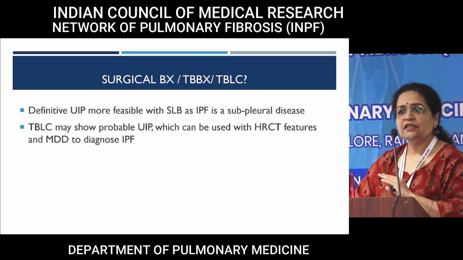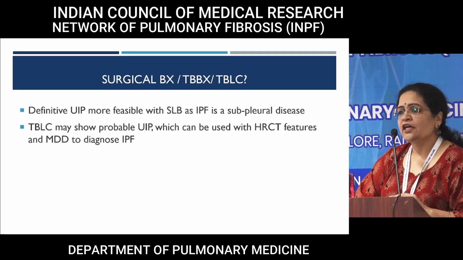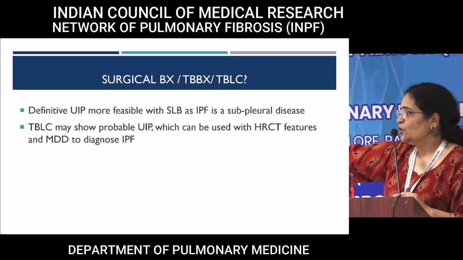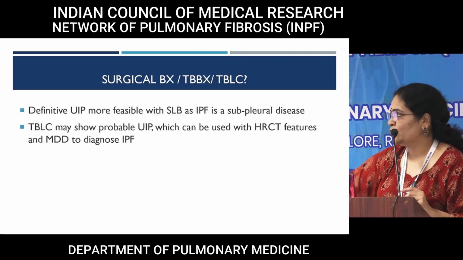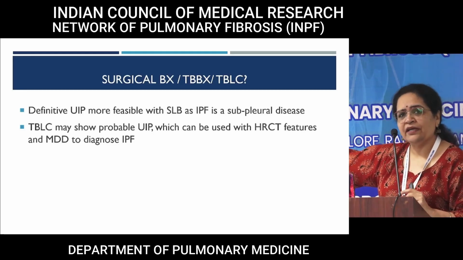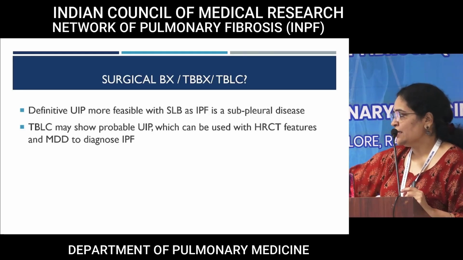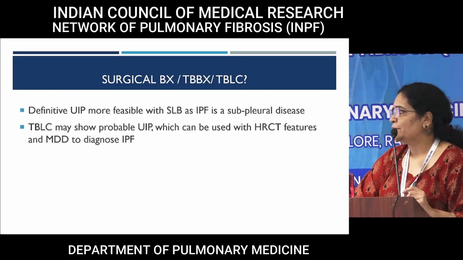If you have an HRCT pattern of definitive UIP, there is no need for a biopsy. If you do not, then you can go through this grid. I'm not going through the grid here, it will take half an hour. But if you have specific patterns subject to lung tissue sampling, this is all there in the guidelines, then you can do this. But this again will come after an MDD.